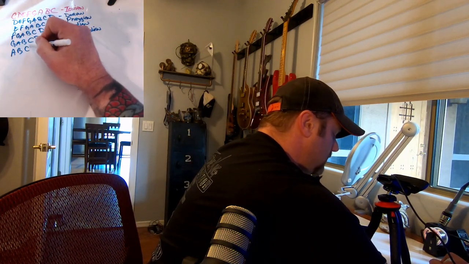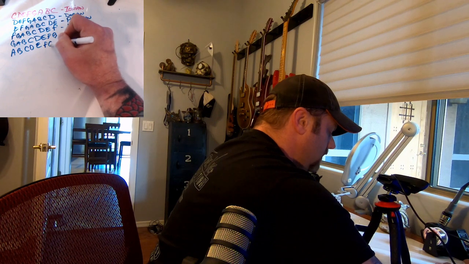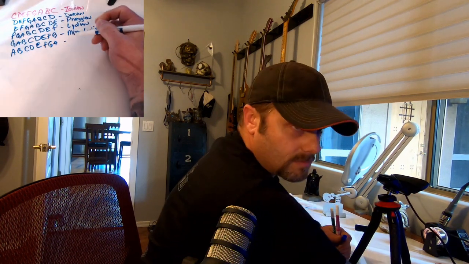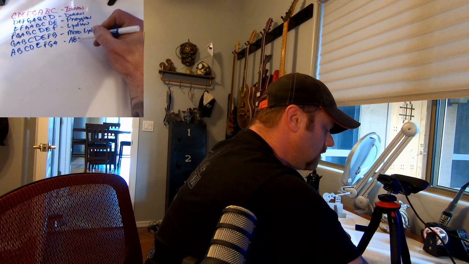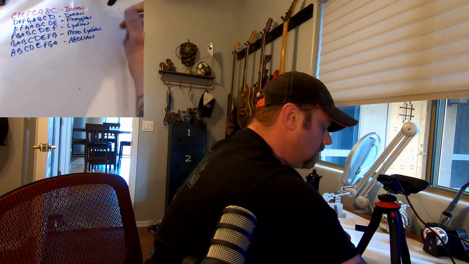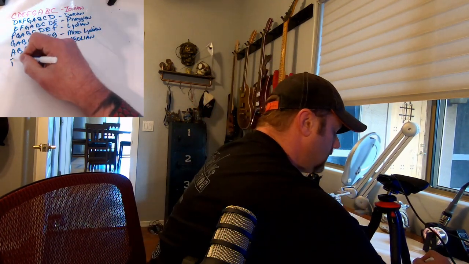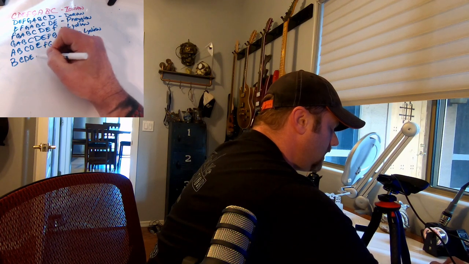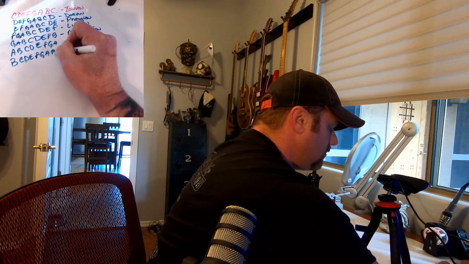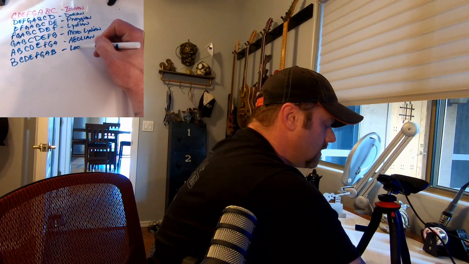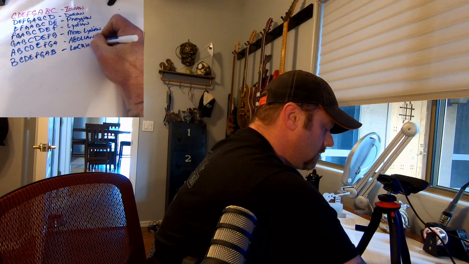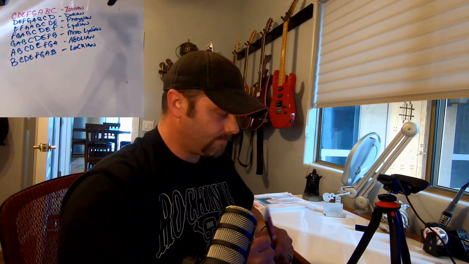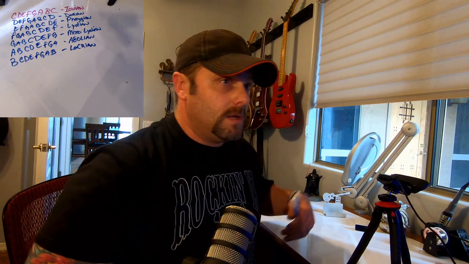A, B, C, D, E, F, G, A is what I said earlier, Aeolian. And then our last one is B, right? B, C, D, E, F, G, A, B is Locrian. Okay? There's your modes.